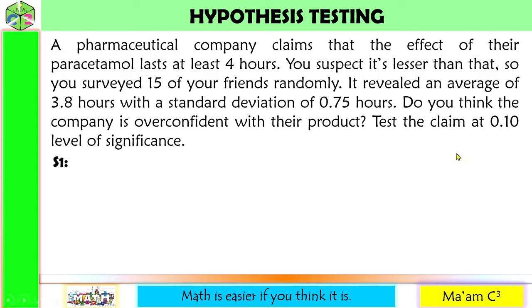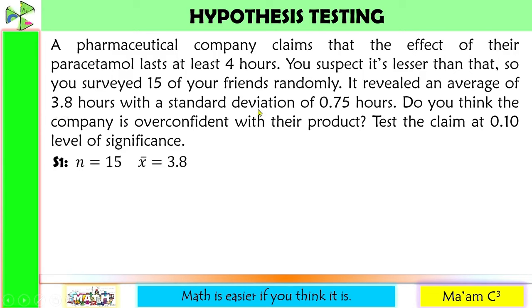Step 1, let us identify the pertinent information here and we'll start with the sample size. It says here you surveyed 15 of your friends randomly. So n is equal to 15. It revealed an average of 3.8 hours. So this average, this mean refers to the sample. So this is our sample mean.